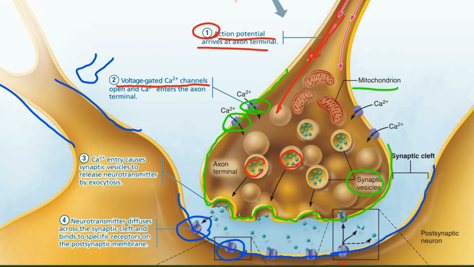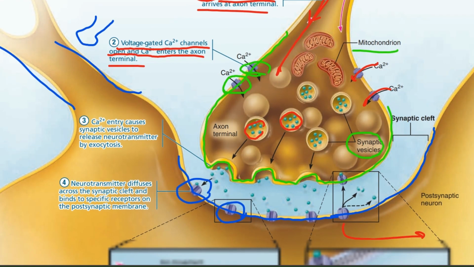Voltage gated calcium channels open and calcium enters the axon terminal. The calcium will enter. And the calcium entry causes synaptic vesicles to release neurotransmitter by exocytosis. So this is 3.